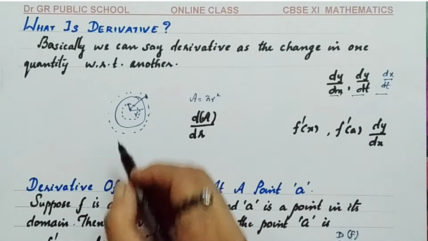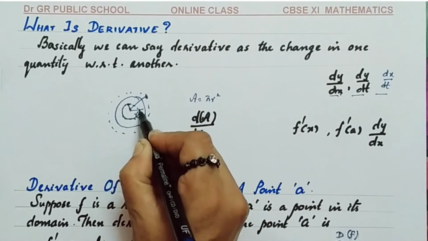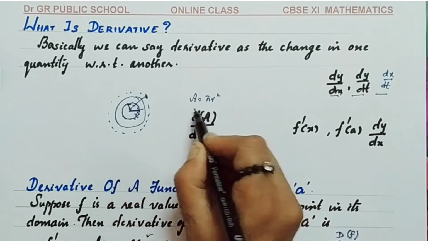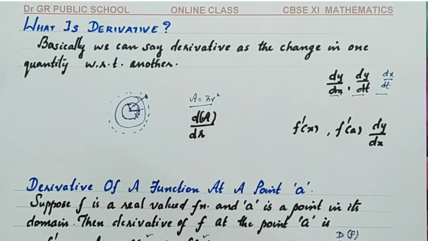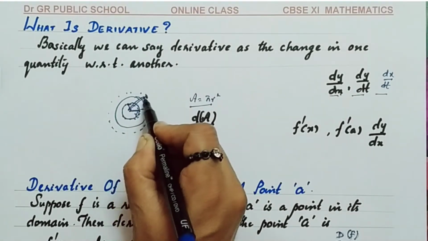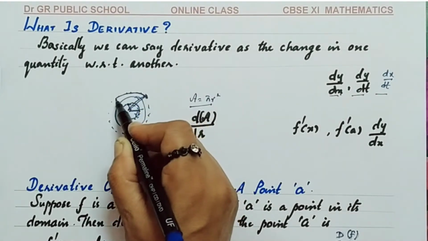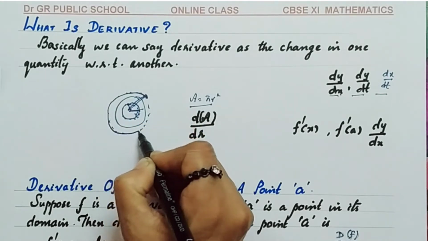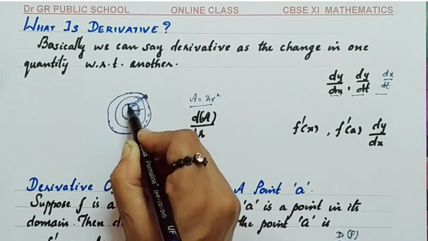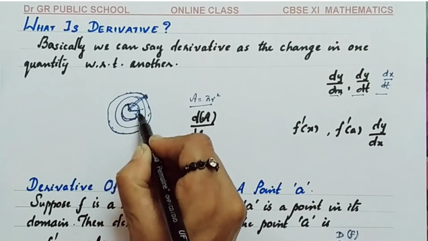For example, consider a circle having a radius r. You know, the area of the circle can be found out by the formula A equal to pi r square. If the radius increases, correspondingly the area of the circle also increases. And if the radius decreases, the area of the circle decreases.